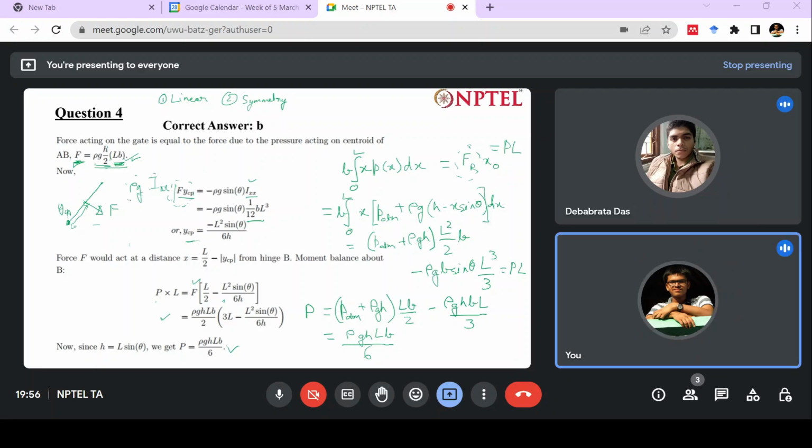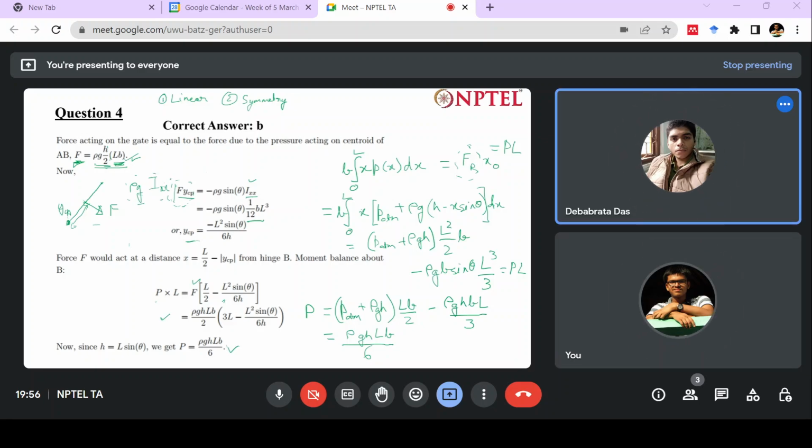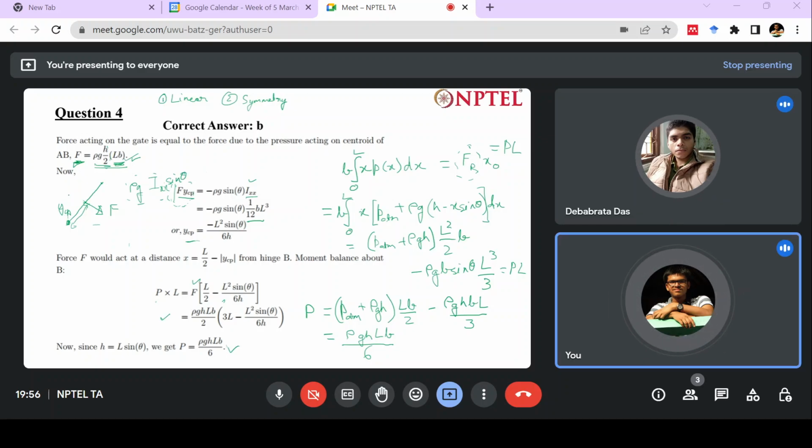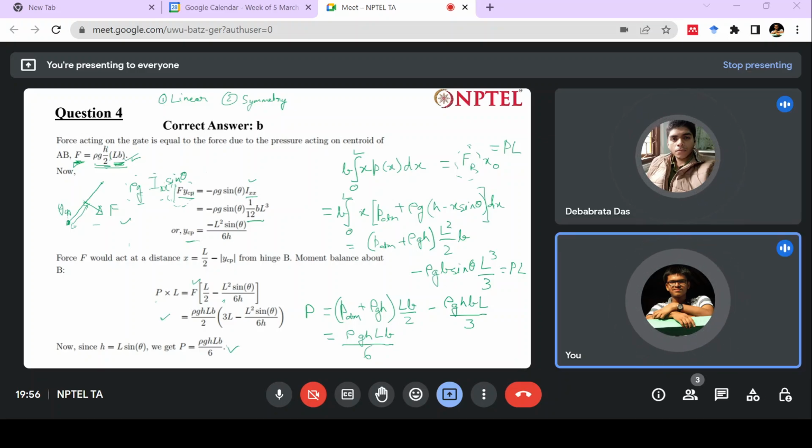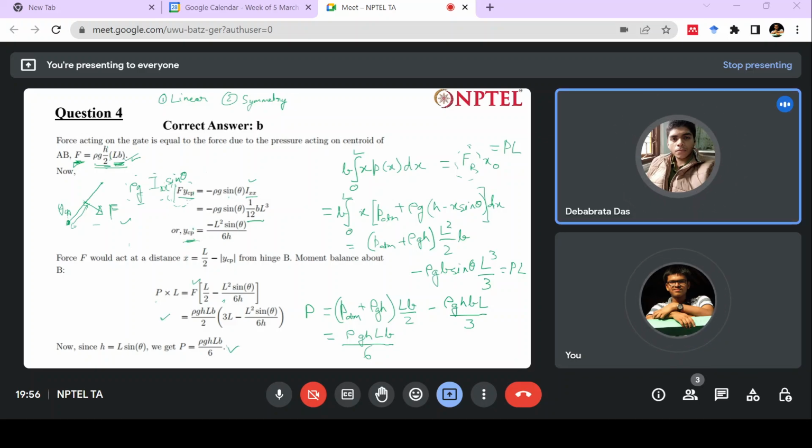So this is your moment. The sine theta component is coming because I am taking force from this component. Whatever the weight of the fluid is, I am taking a component of force this side. So I am equating both of them, and I am getting YCP.